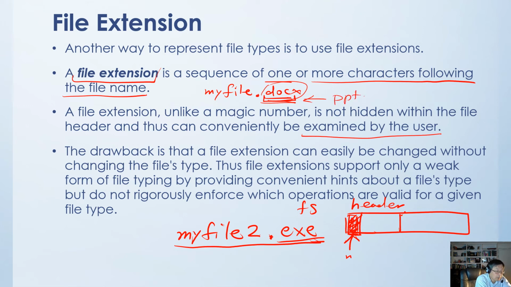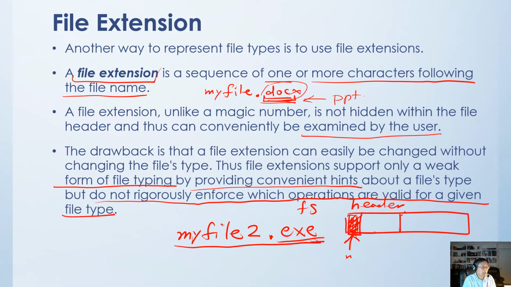So file extensions support only a weak form of file typing by providing convenient hints about the file type, but they do not rigorously enforce what operations are valid for the given file type.